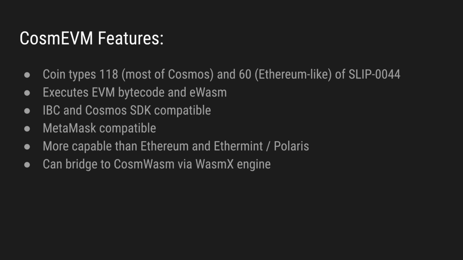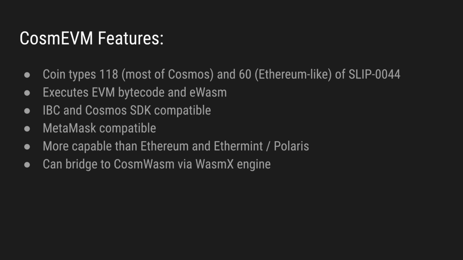Our system provides EVM equivalence, and you can run any Ethereum contract on Mythos. Mythos is our non-profit chain and the first chain bringing WasmX. But until now, Mythos only supported coin type 118, which is the coin type that most Cosmos SDK chains support.